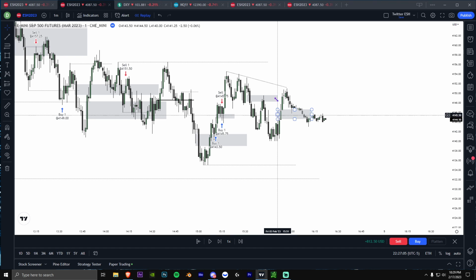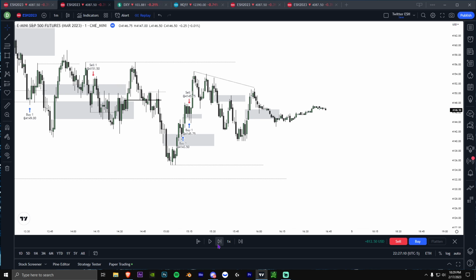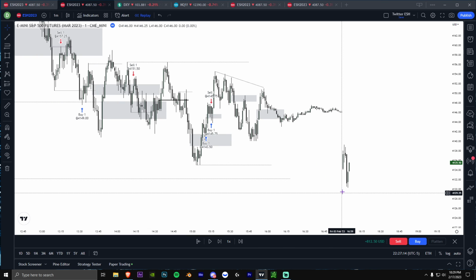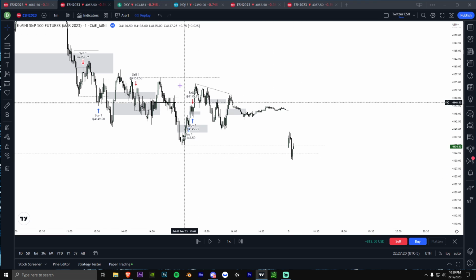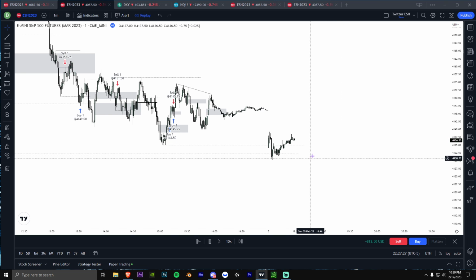Curious to see if we end up breaking this first or hit this low. Okay, so we gap down to the low first. So I'm guessing we end up hitting this later. This is going to be the last thing I'm going to get off.